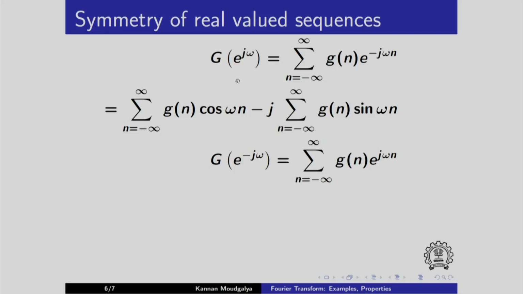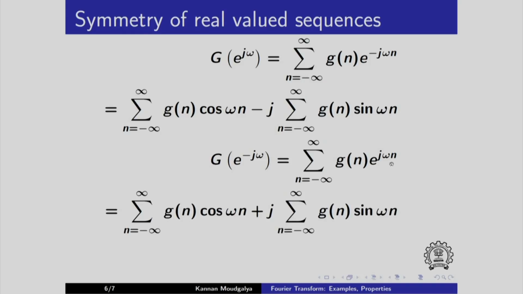Similarly, let us write exponential minus j omega. Wherever I have omega I have to replace it by minus, so I get plus j omega n here. When I expand it, the real term remains the same, but in imaginary I have plus sign. Remember, I am calling this real because g is real.